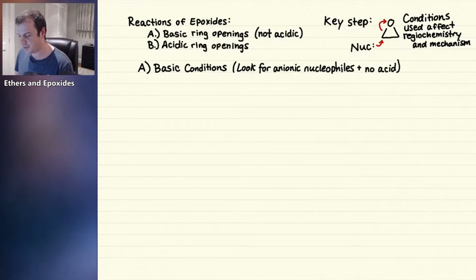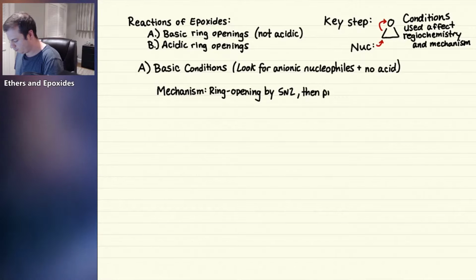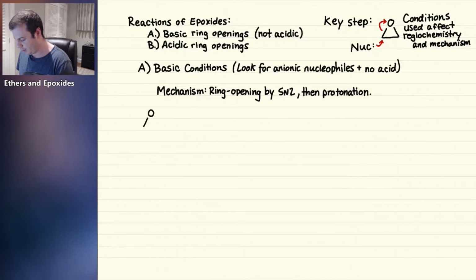The mechanism is going to be ring opening by SN2 followed by protonation. So let's take a look at an example. Here we have an epoxide. I'll put some methyl groups on it. And now let's add a nucleophile.